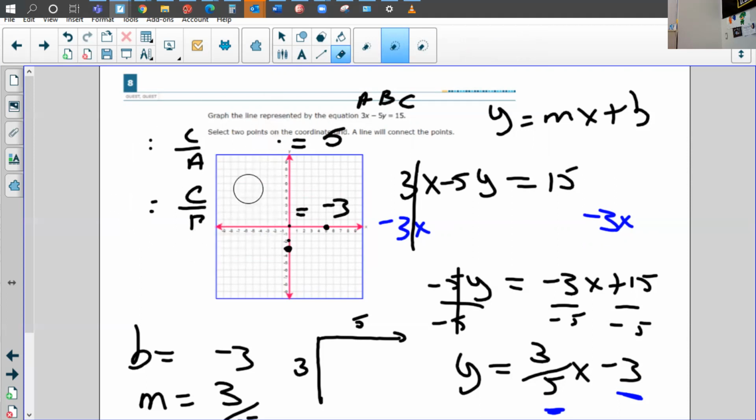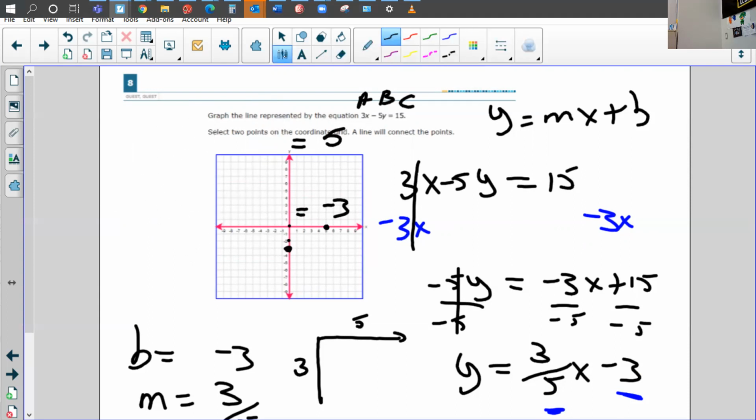So we know the x-intercept is 5, and the y-intercept is -3. All you got to do now is plot -3 and 5, and it gets you the line.